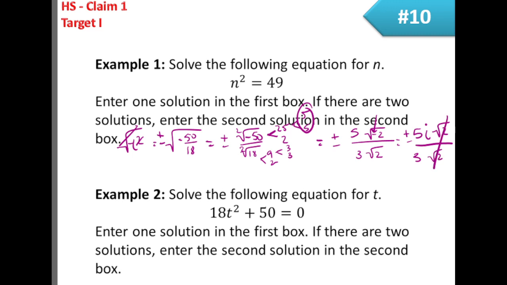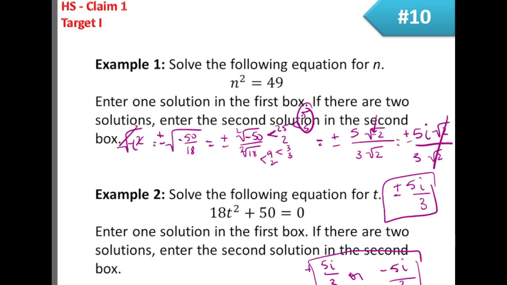So we're left with plus or minus 5i over 3. So your solutions would be positive 5i over 3 or negative 5i over 3. Okay, so instead of doing the whole quadratic formula, you can do this here instead.